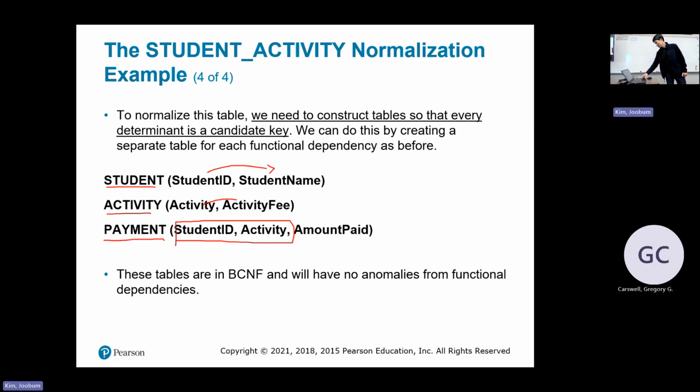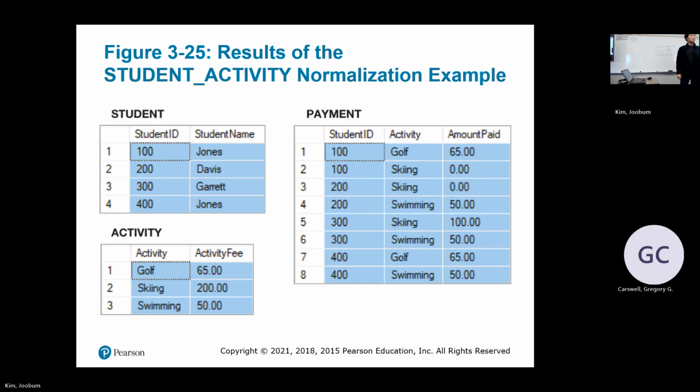Each table has, for example, a primary key, and only one candidate key. A determinant must be a candidate key to be in BCNF. So the student relation is in BCNF. And this one has one determinant, one candidate key, so it is also in BCNF. And this one is the same.